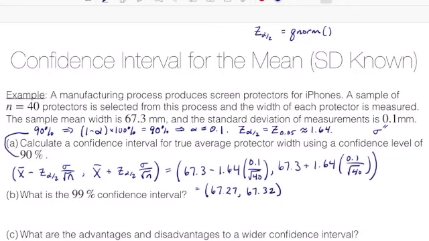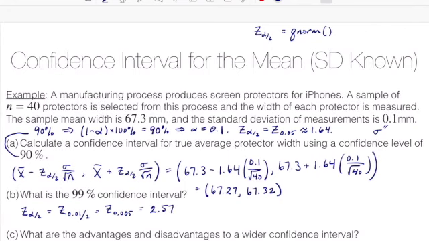Okay, so quickly, if you wanted to go to the 99% confidence interval, the main difference is calculating a different z alpha over 2. So in this case, our alpha is 0.01, and we get a z of 0.005, and then this critical value is 2.57.